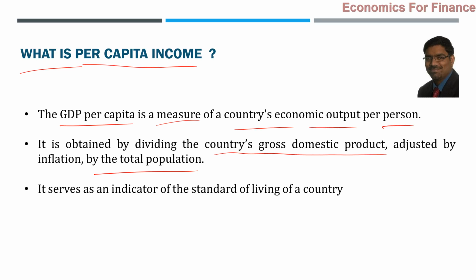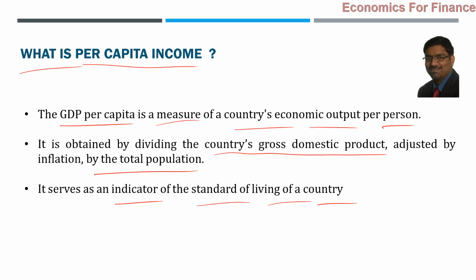So whatever it is, per capita is always about total divided by number of people in that country, the population of that country. Simple. That is the total population in the denominator always. Numerator could be different according to our requirement. And what is the usefulness of this?